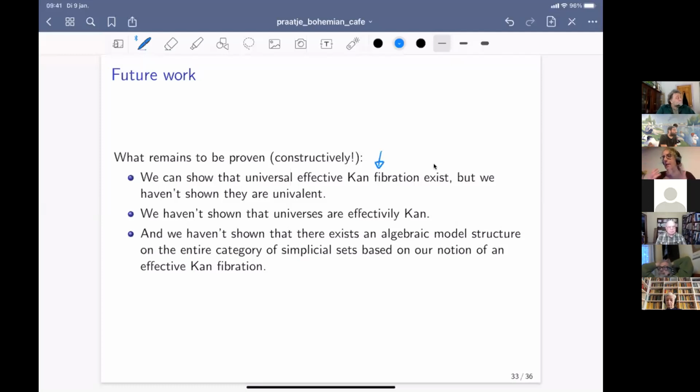The problem arises because you need these lifting problems to satisfy certain compatibility conditions, which are not automatically satisfied if you work constructively, but in a classical setting, you can always choose your lifts in such a way that these are actually satisfied. I think that's the point.